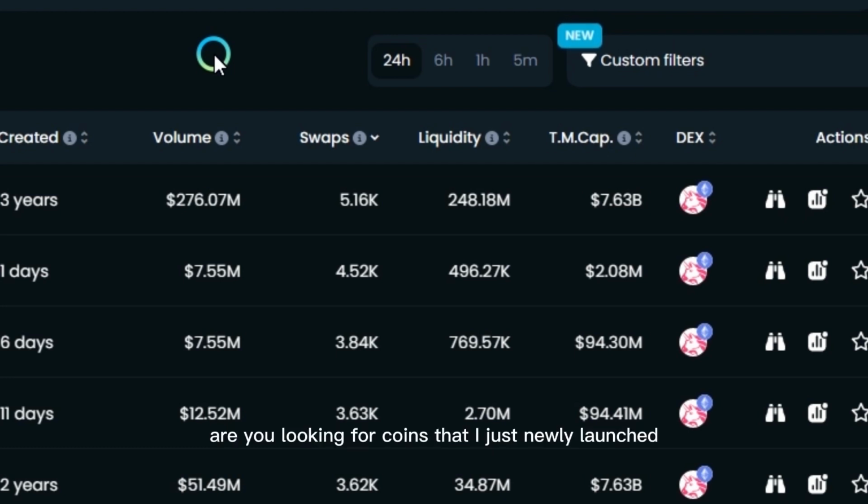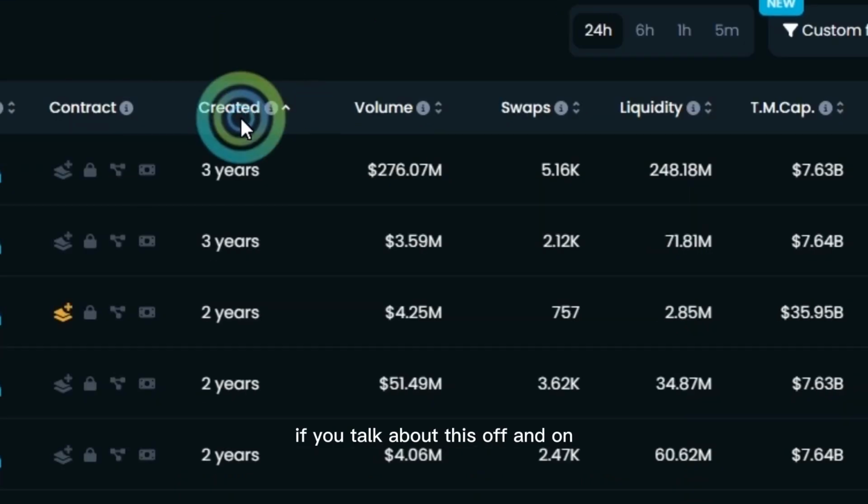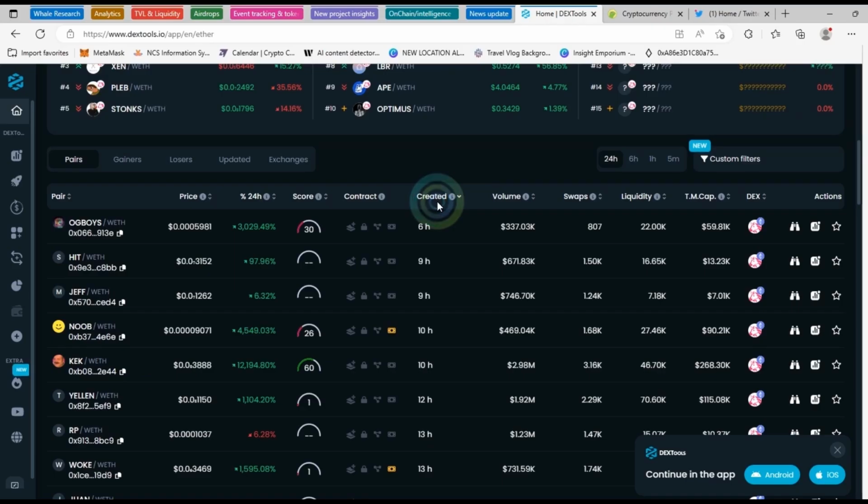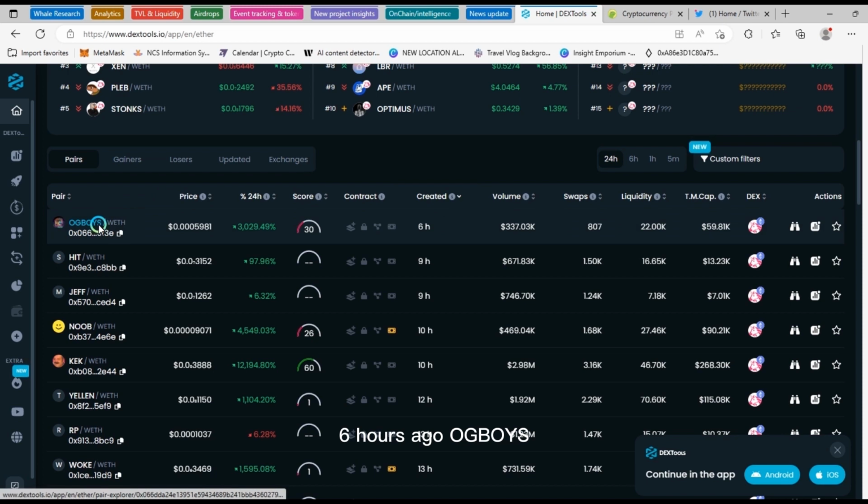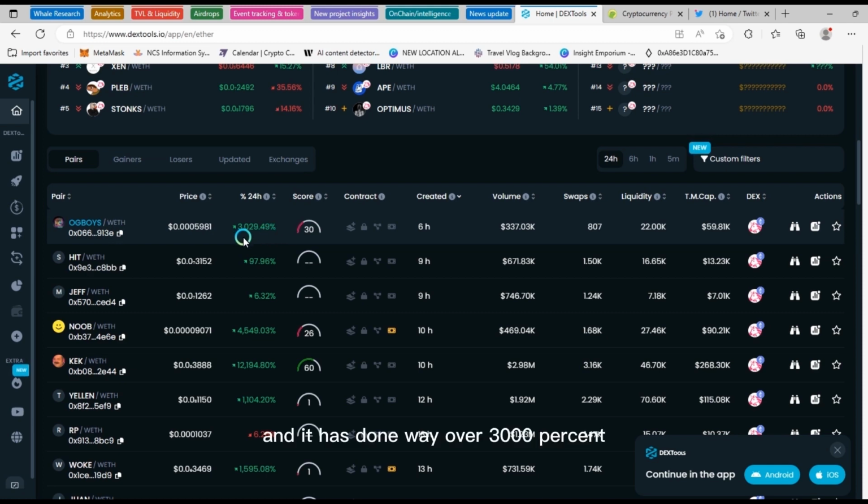Are you looking for coins that just newly launched, coins that launched some hours ago? For instance, if you toggle this off and on, you'll see the recent coins that were listed. For instance, 6 hours ago, the OG Boys ETH pair was created and it has done way over 3,000%.